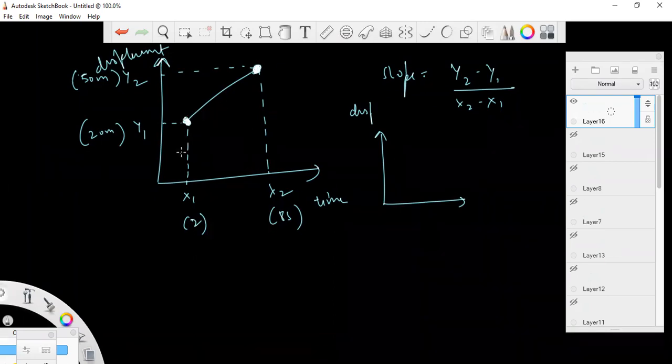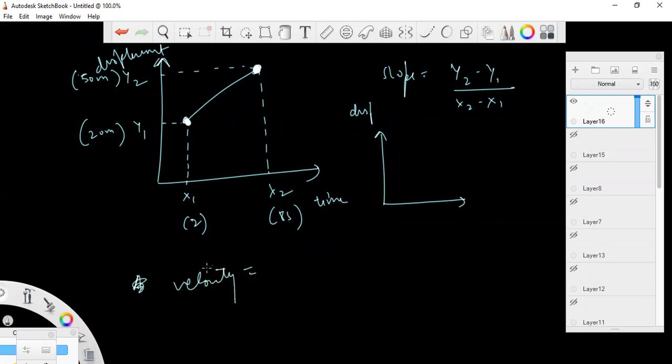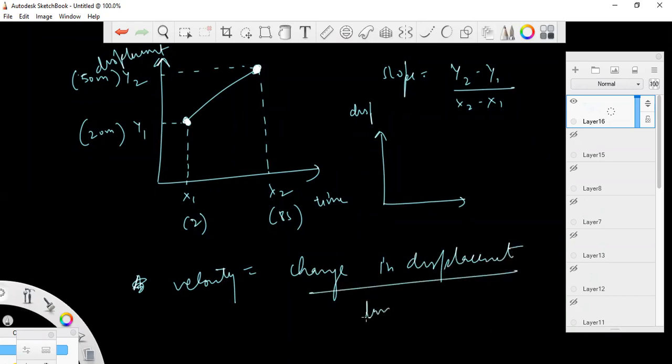Curve is not present anywhere else. So for this path, what is velocity? The rate of change of displacement, right? So can I say this should be change in displacement divided by the time taken? Is that okay?